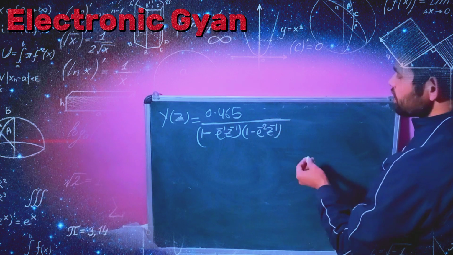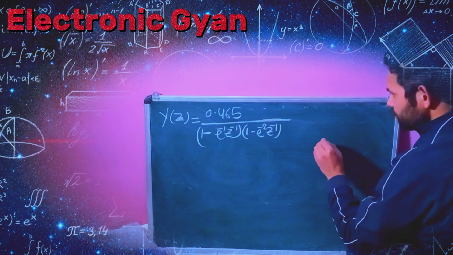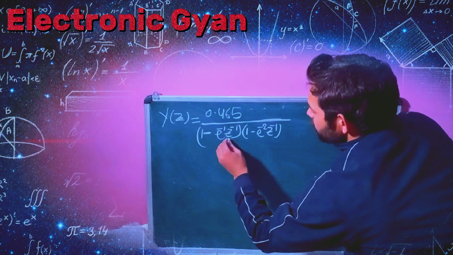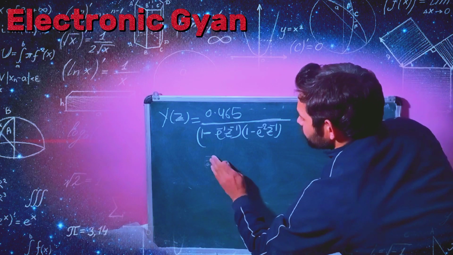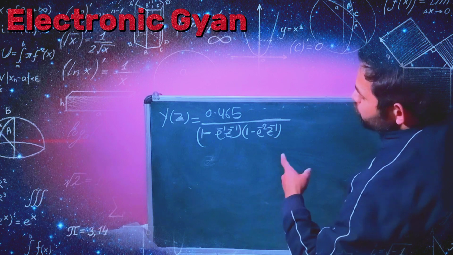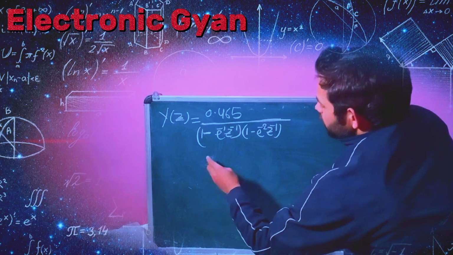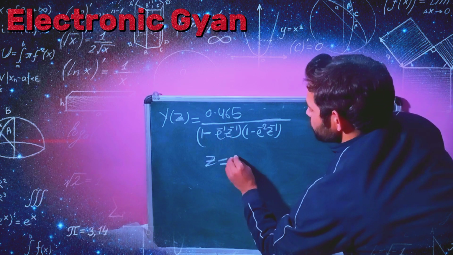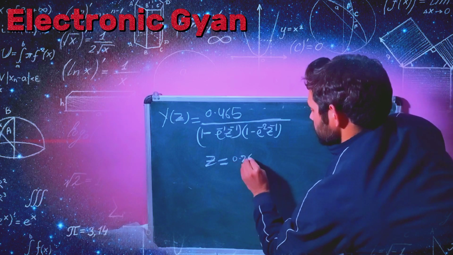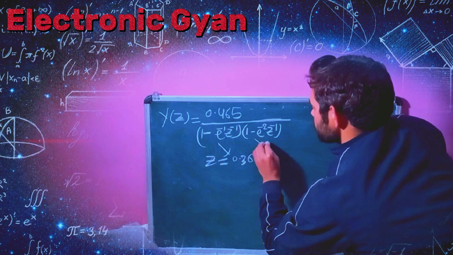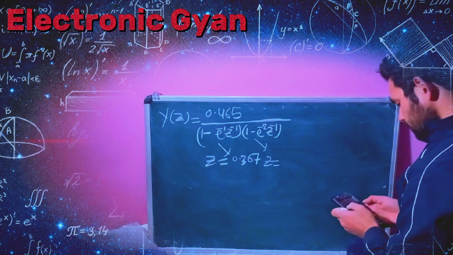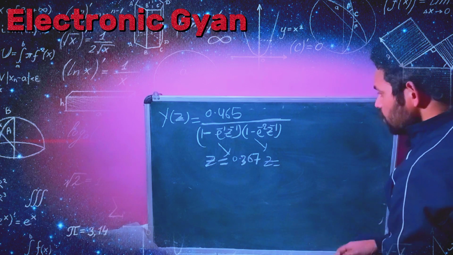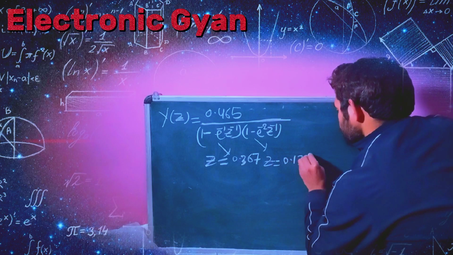Now let's see what the z value is here. From this denominator, the value of z is e inverse, which is nothing but 0.367867, and for the other factor, the value of z is e to the power minus 2, which is 0.135.